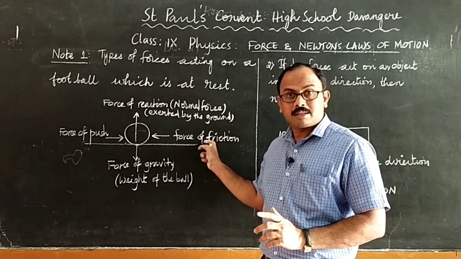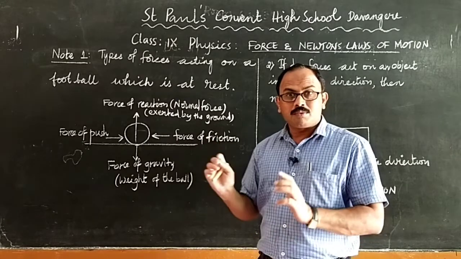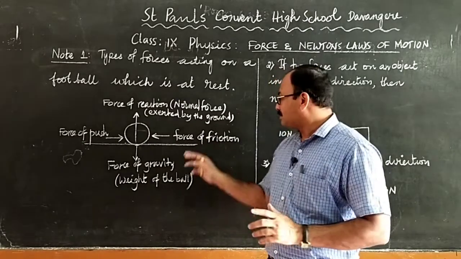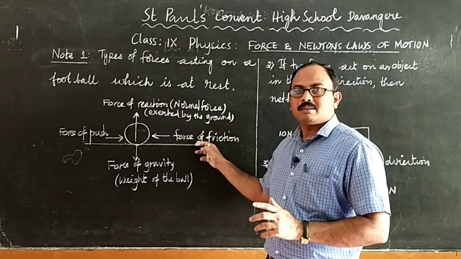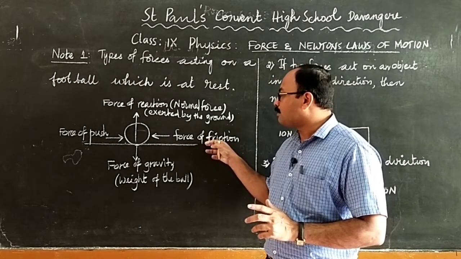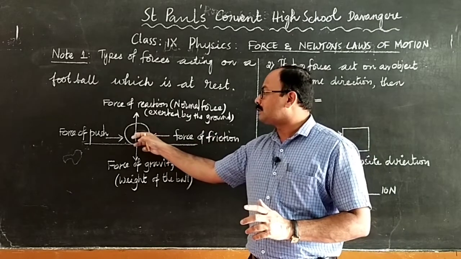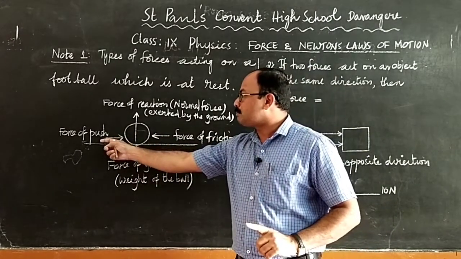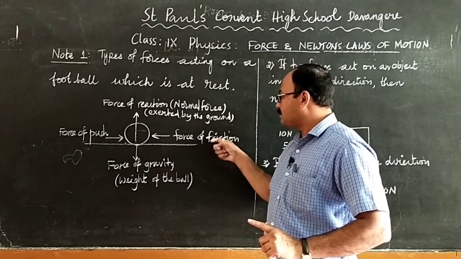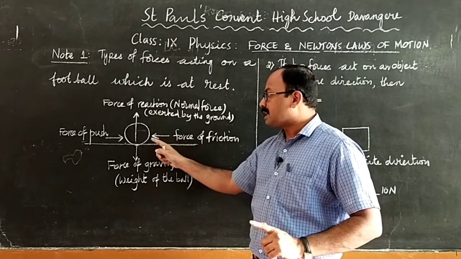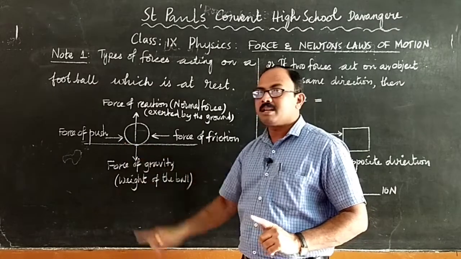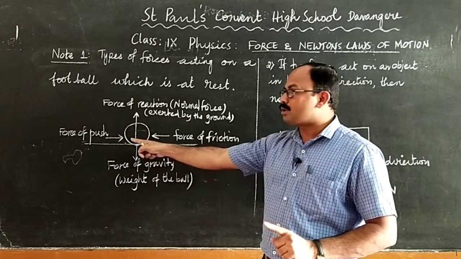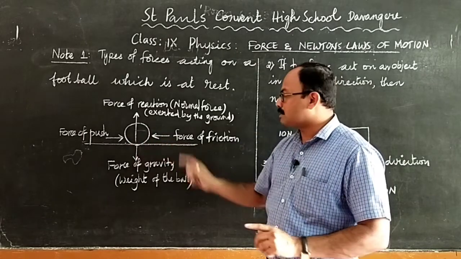It is the force which opposes the motion of another object. Because of the friction force offered by the ground, the ball comes to rest. Therefore, the force of push and the force of friction will be in the opposite direction. The force opposes the motion of another object, therefore it acts in the opposite direction.